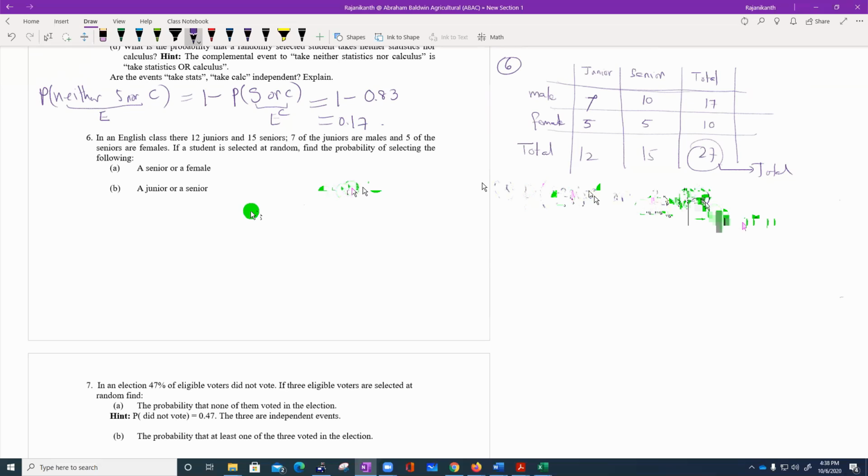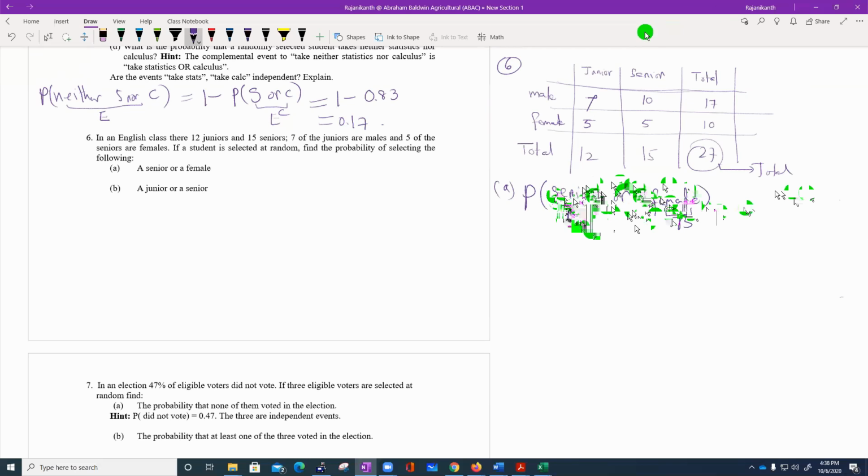You could think of this as event A, this as event B. Ask yourself, is it possible to have these two at the same time? Yes, it is possible. The selected student may be senior and female. Therefore, this is not mutually exclusive. So you have to use the probability of A or B: the probability of A plus the probability of B, subtract the overlap.